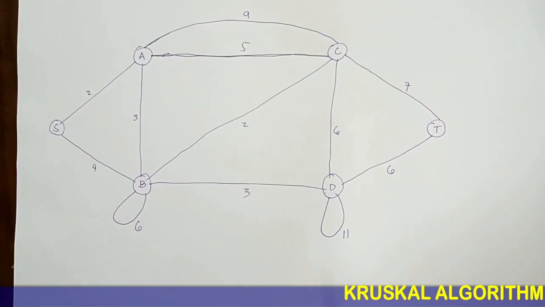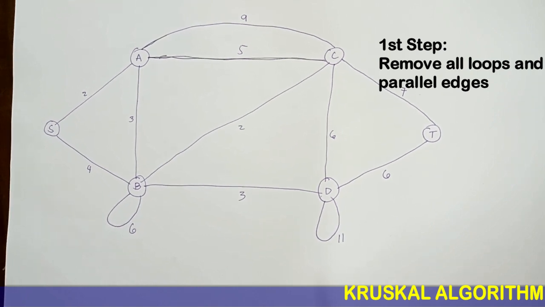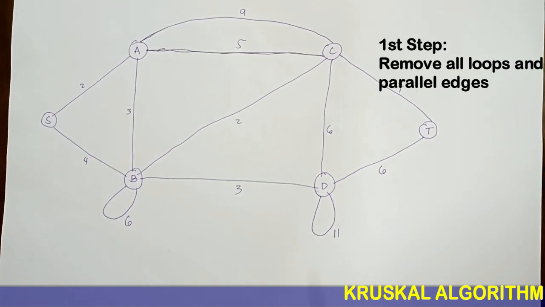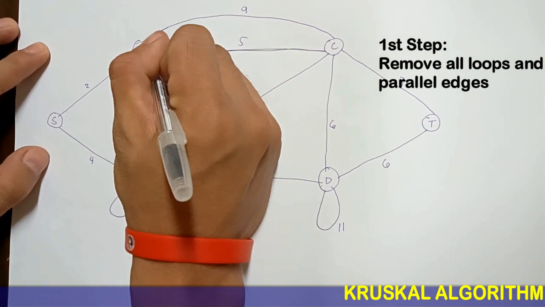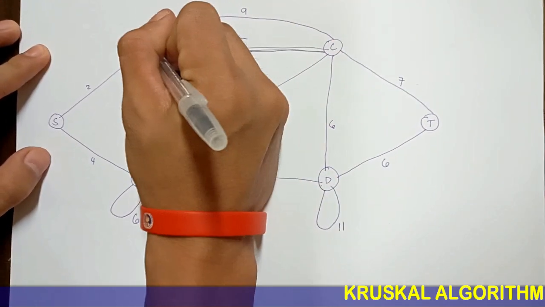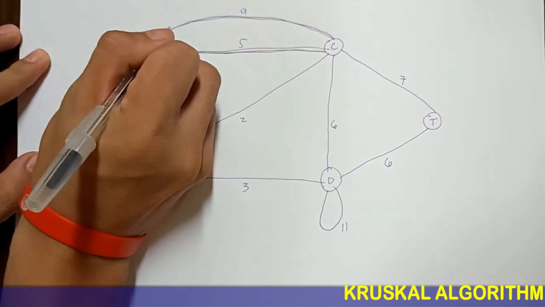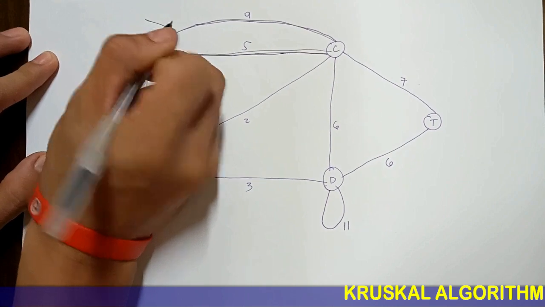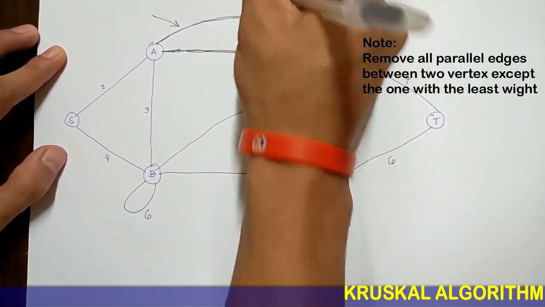So here is our given example. The first step states that we need to remove all loops and parallel edges. In the edge AC, there is a parallel line having two weights with only one edge, which are 5 and 9.